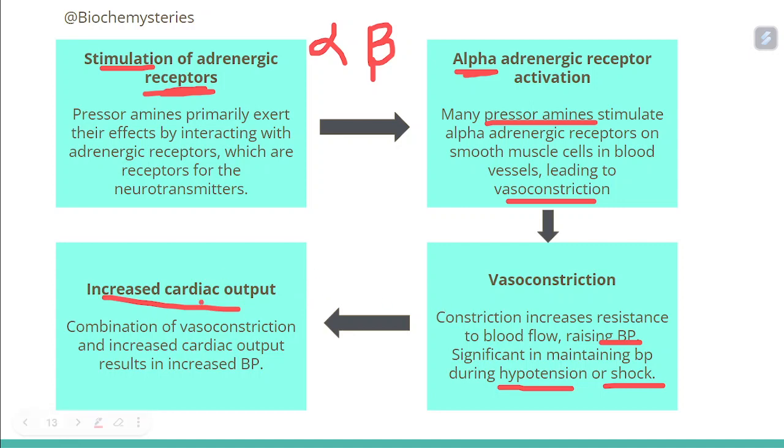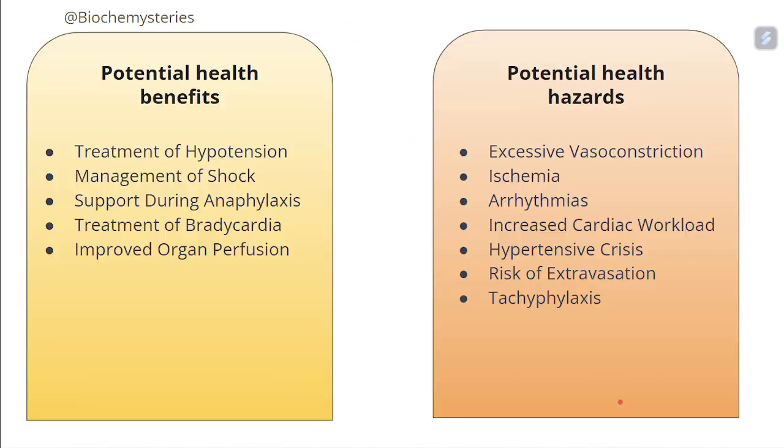So both of these things will help overcome hypotension or shock. If we talk of benefits versus hazards, just now we talked of treatment during hypotension, then management of shock, support during anaphylaxis, treatment of bradycardia, obviously a slow heart rate, then improved organ perfusion.